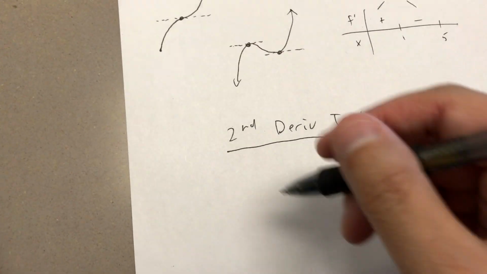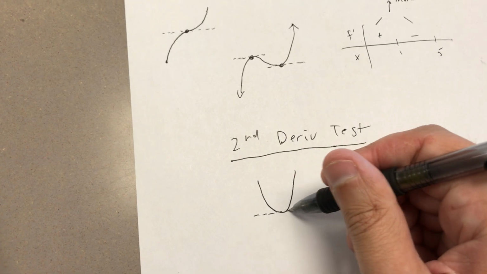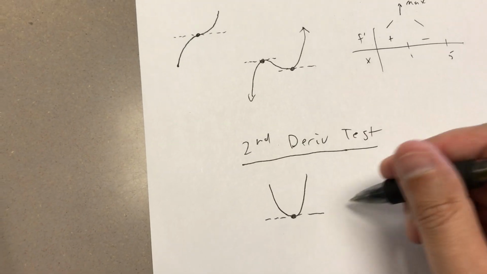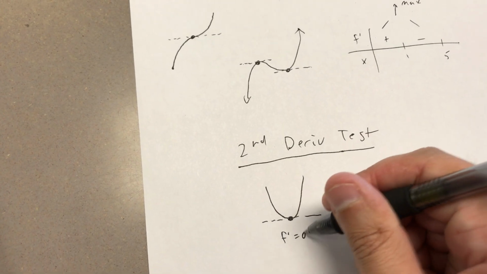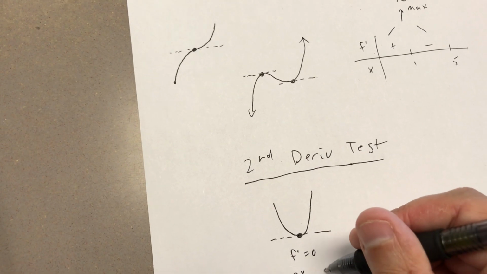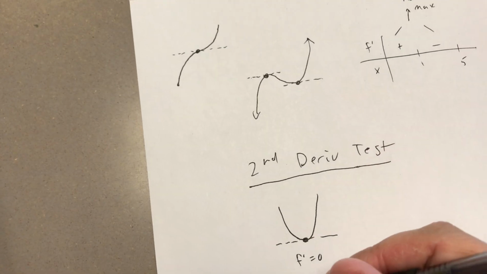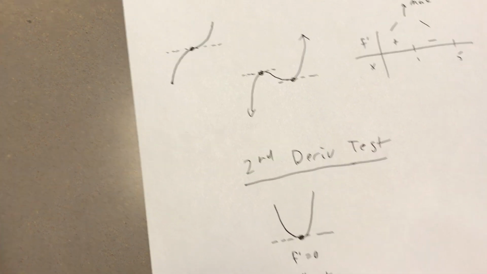So remember what the second derivative test says. It says if you have a function and the derivative is 0 at that particular point, so f prime's got to be 0, if the second derivative is positive, that means your graph is concave up at that point, means you have a relative minimum, okay?